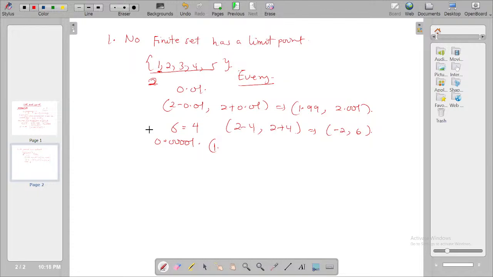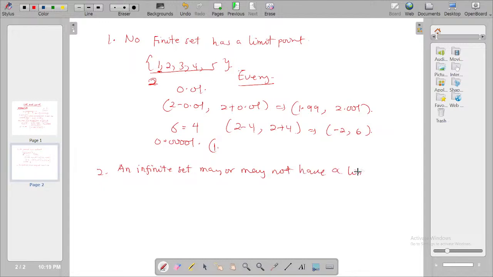So now let's see something here. For the second part, it says that an infinite set may or may not have a limit point.